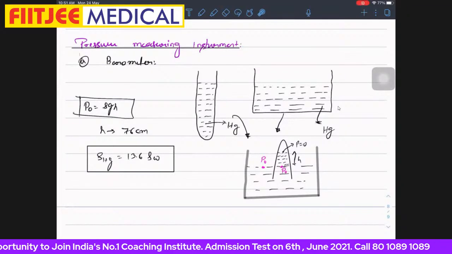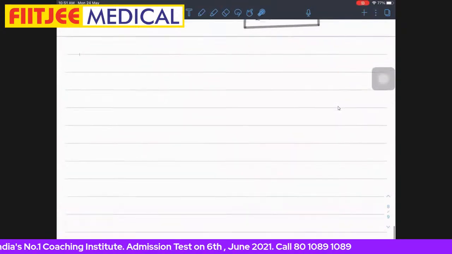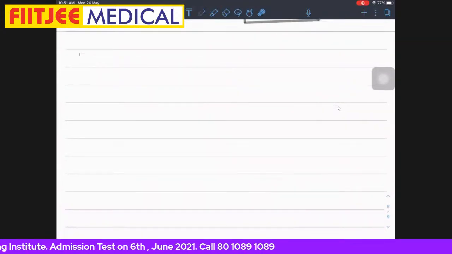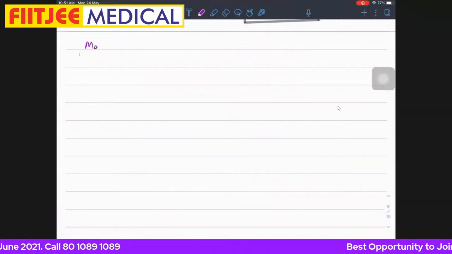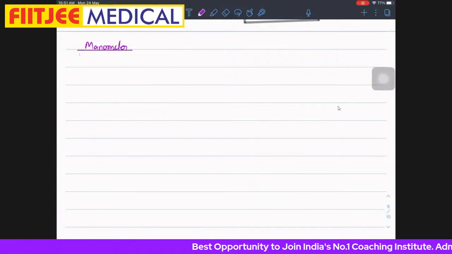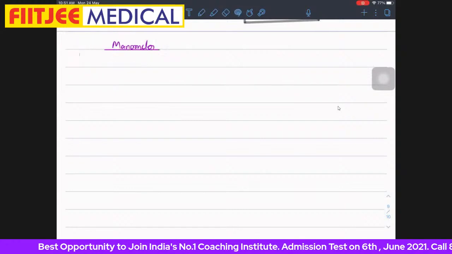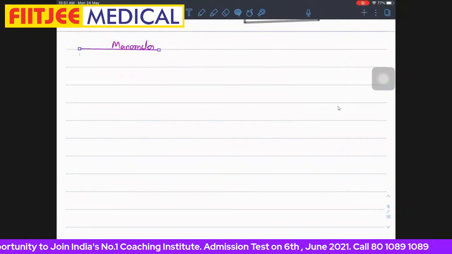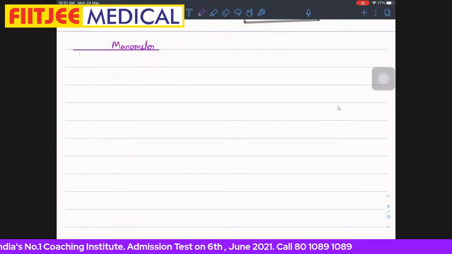So after the barometer, the other device used to measure pressure is the manometer. Basically you can write it as U tube manometer.